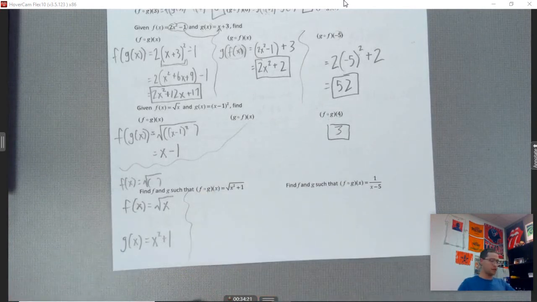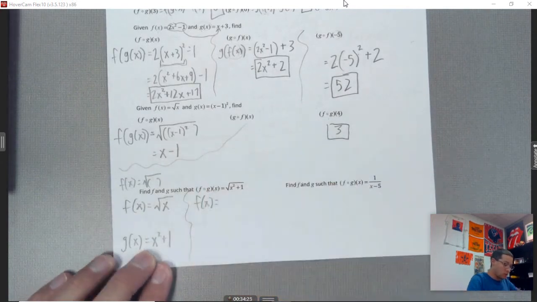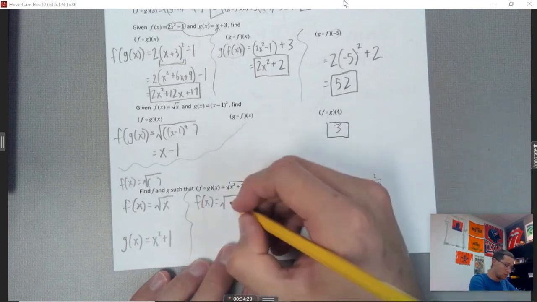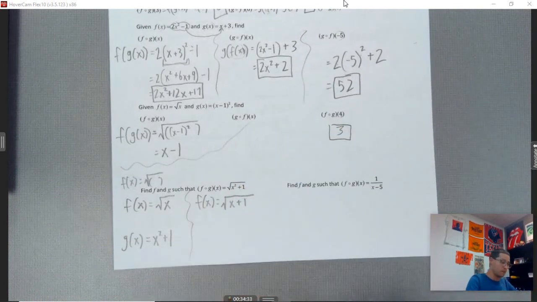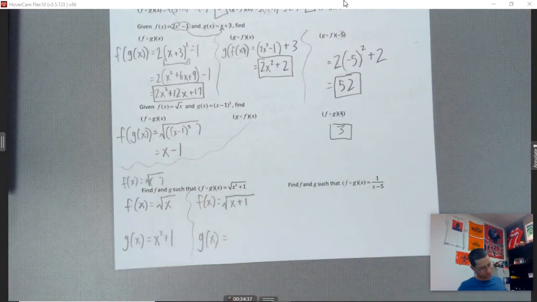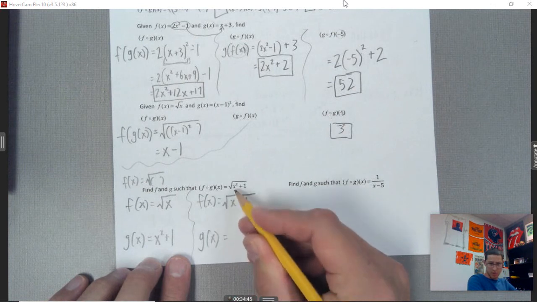Another example, and you could probably come up with some more: maybe we could do the square root of x plus 1, and maybe we enter that x plus 1 this time. Then for the g of x, we can think about what I can plug into just this part to make it look like this.